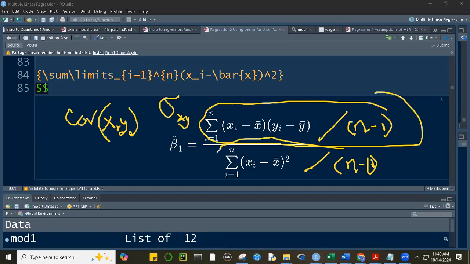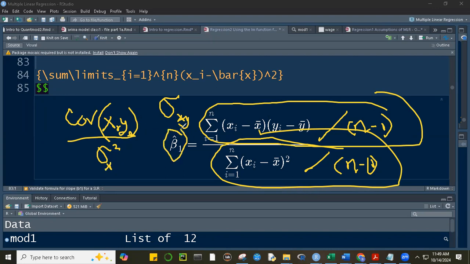This one, class, what is this? This is the variance of x. So actually, class, the slope is equal to the covariance between x and y divided by the variance of x.